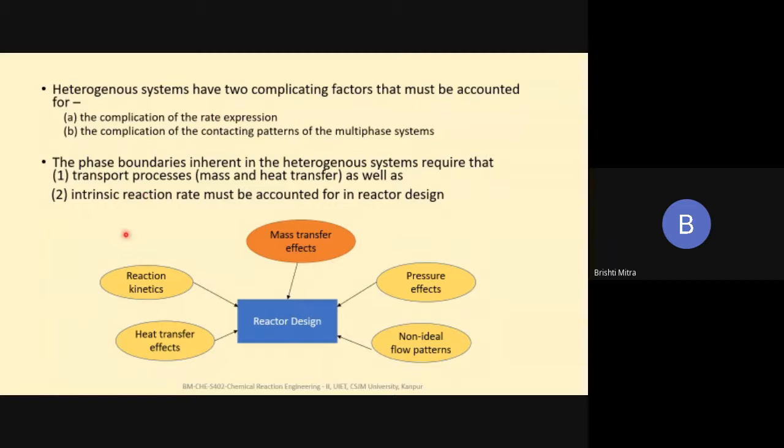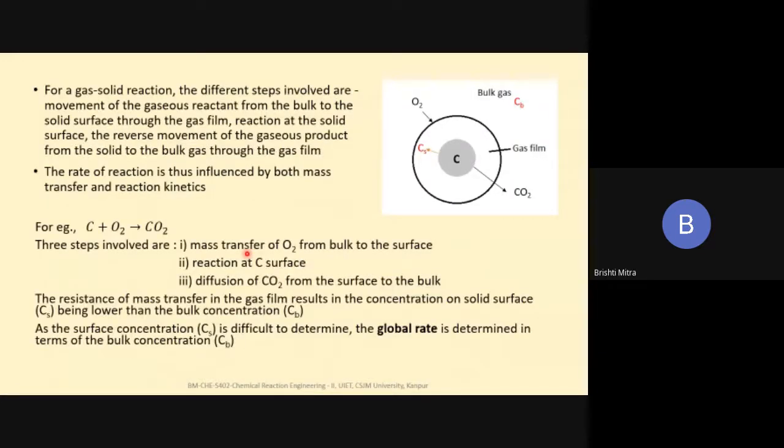So here, like I had mentioned, I'm repeating it: for the design of a heterogeneous reactor, apart from reaction kinetics, heat transfer effects, pressure effects, and non-ideal flow patterns, we also have another very important factor, which is the effect of mass transfer. Now let us try to understand this effect.